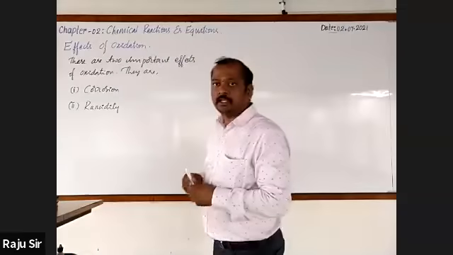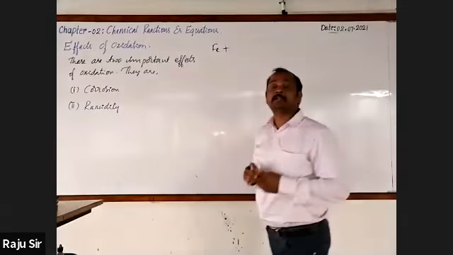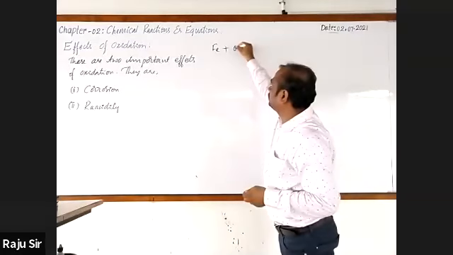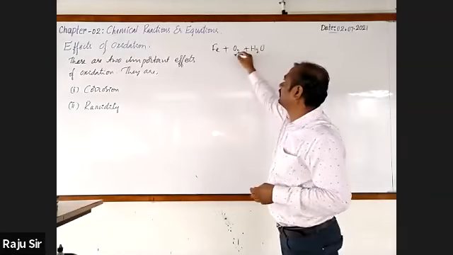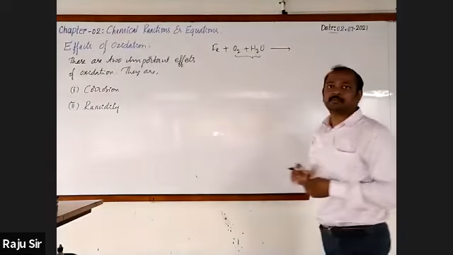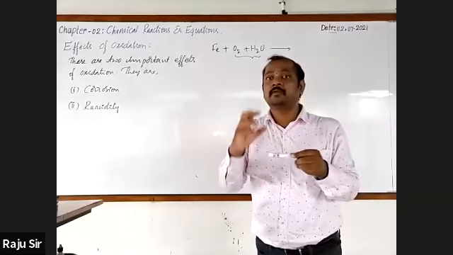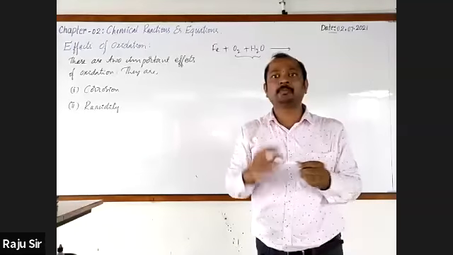Here, I'll take iron. When iron is exposed to the atmosphere, what happens? It reacts with oxygen as well as water and produces a red-brown flaky substance, which is soft and also porous.